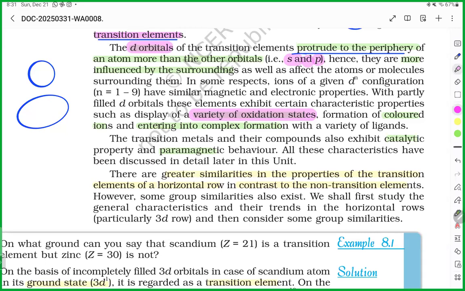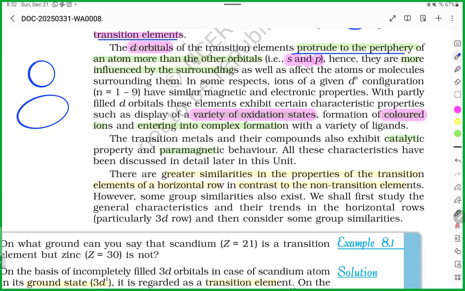Remember, whenever you are reading chemistry, focus on what is the unique thing about the element. These are colored substances. Why colored? Again, variable oxidation state, and because there is an incomplete d orbital. If there is no electron in the d orbital or a full d orbital, both are colorless.